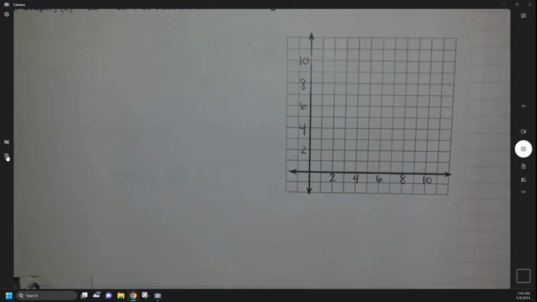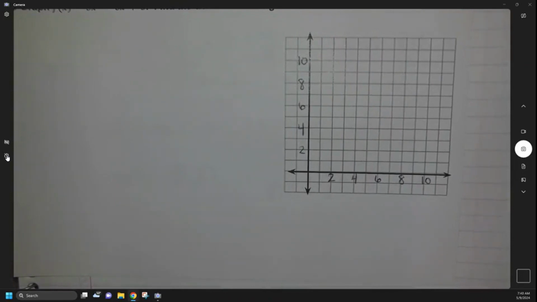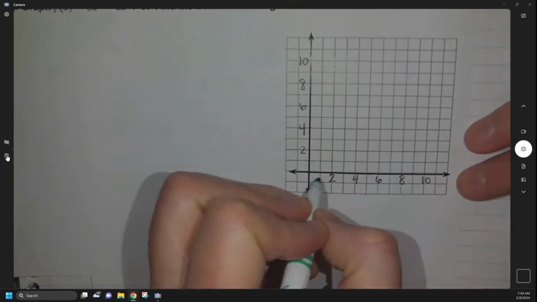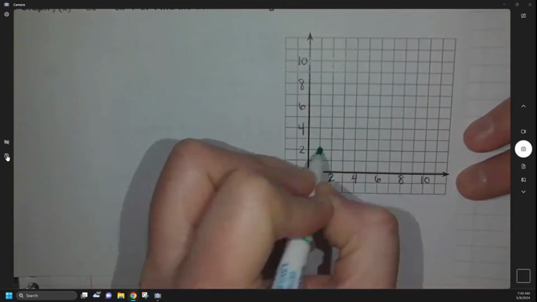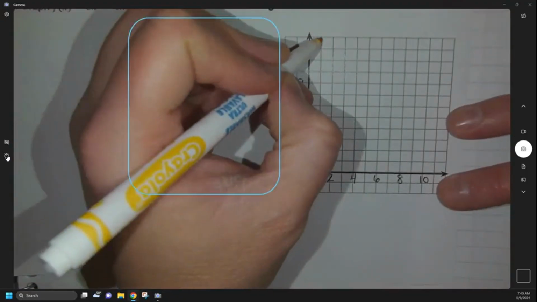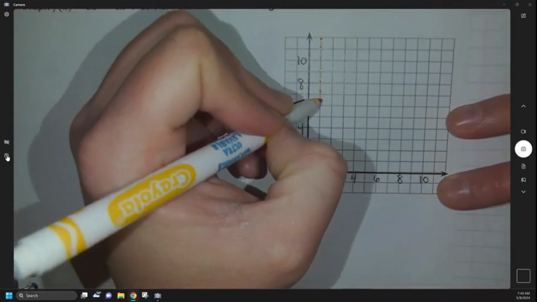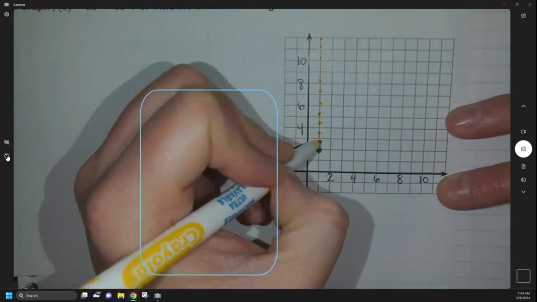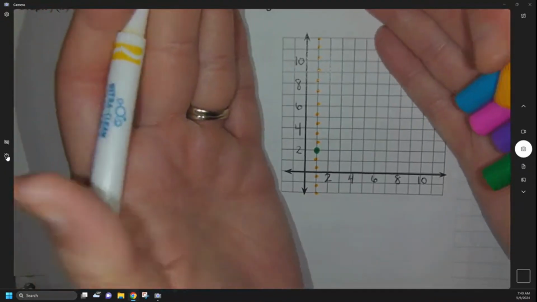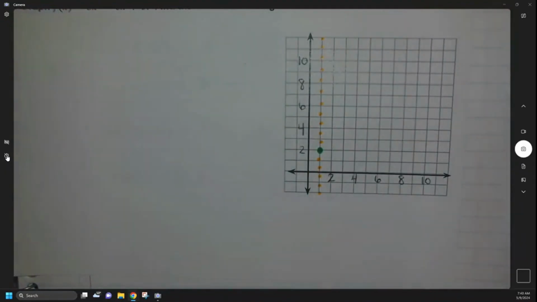Our vertex point was 1, 2, so I'm going to go over to 1 and up 2, and put my dot. Remember, this is also our axis of symmetry. It's the dotted line that is like the folding point for my graph. I'm going to be able to fold my graph in half on top of itself on that dotted line right there.